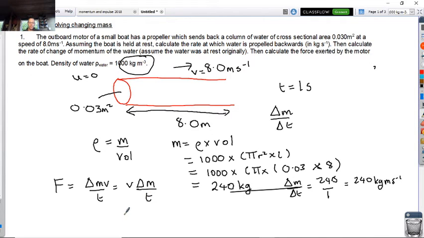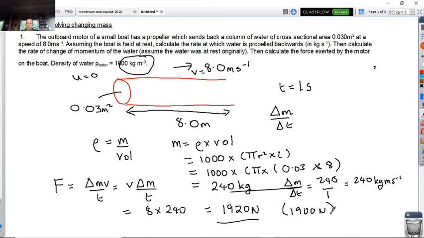Not much difference really. Therefore, to get your final answer, you take the velocity, which is 8, multiply it by my 240, and then we get 1920 newtons. Now, technically, we should be going to 2 significant figures, but it seems pretty daft to me to put down 1900.